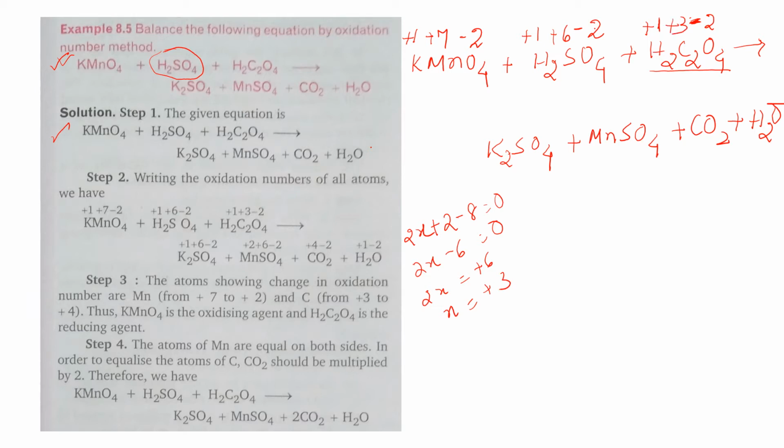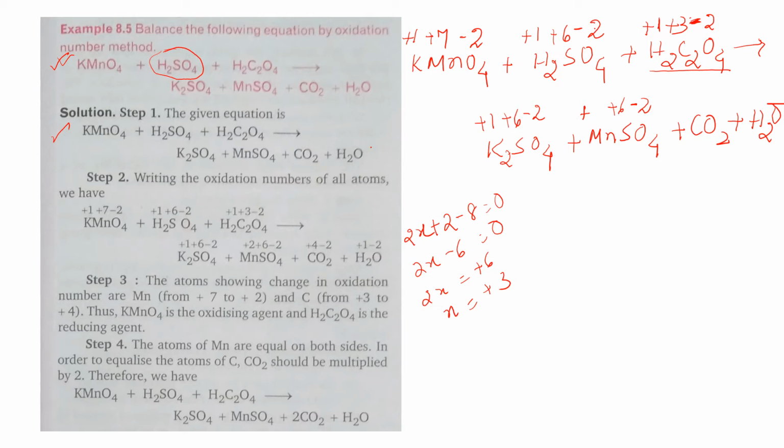Okay. Now K2SO4, find this out. K is +1, and when I take 2, that means +2, I have to multiply. Now oxygen is -2 and sulfur comes to +6. Now MnSO4: sulfur is +6 and oxygen is -2, that means -8, so Mn is +2.